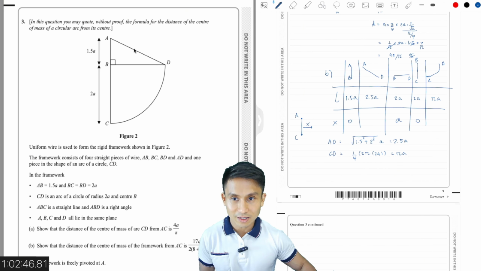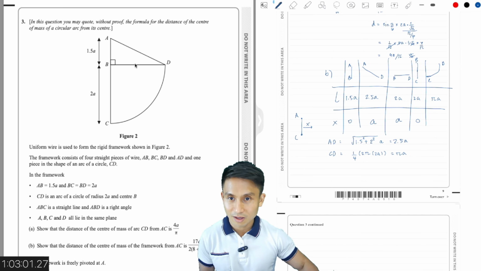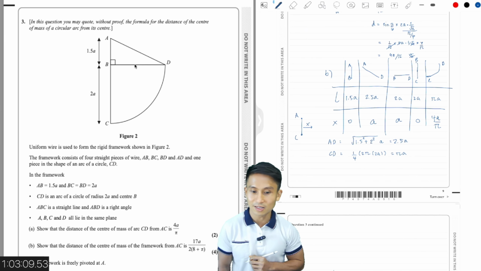For AD, it should also be halfway, because although it's slanted like that, if you measure the direction, the center of mass here should be around there, which is aligned with the center of mass of BD. So that's also a. And the arc, we already got it earlier, so that's 4a over pi for the arc CD.